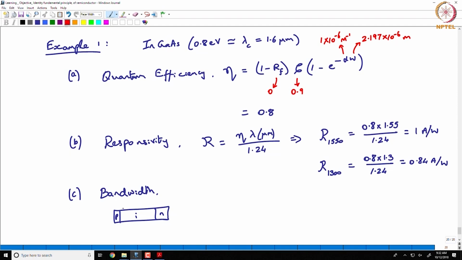So, we are talking about an electron hole pair that is generated over here, and we know that the holes are going to move this way, the electrons are going to move this way, but the electron would have to traverse that entire structure before it generates this external photocurrent. So, in that sort of a scenario, you have a certain finite amount of time for transiting across that structure. So, that is going to be the limitation as far as the bandwidth is concerned.